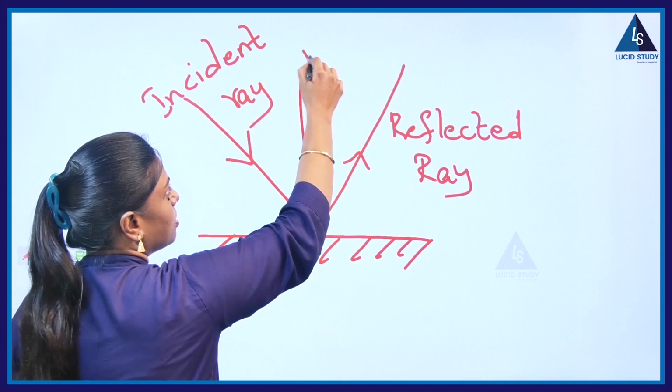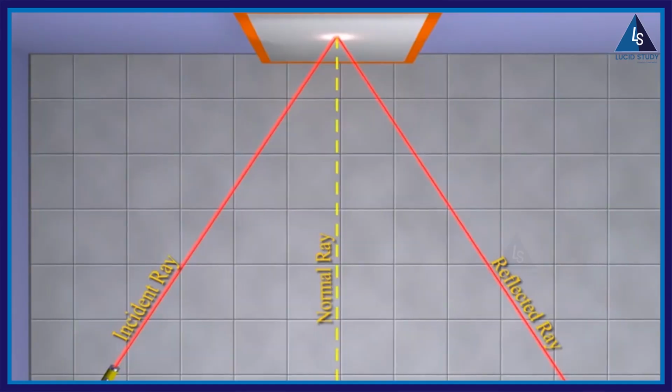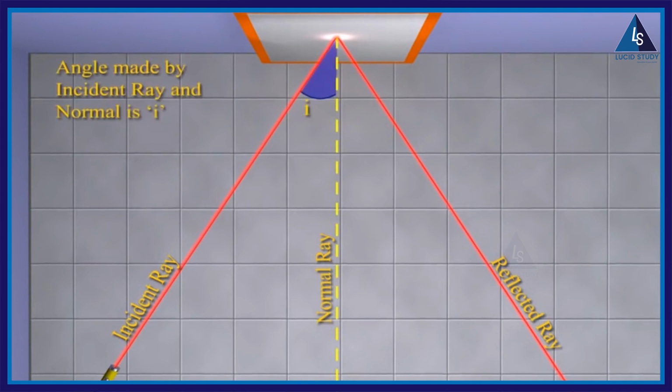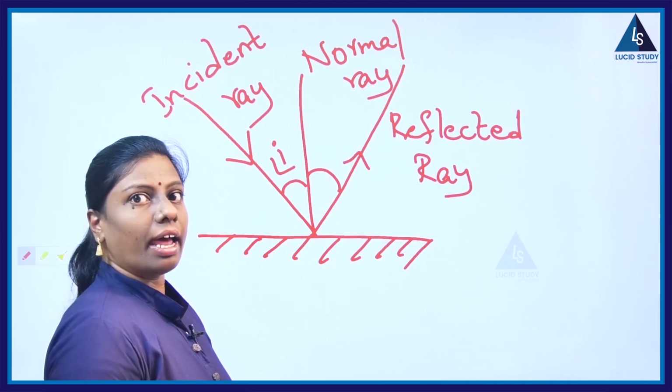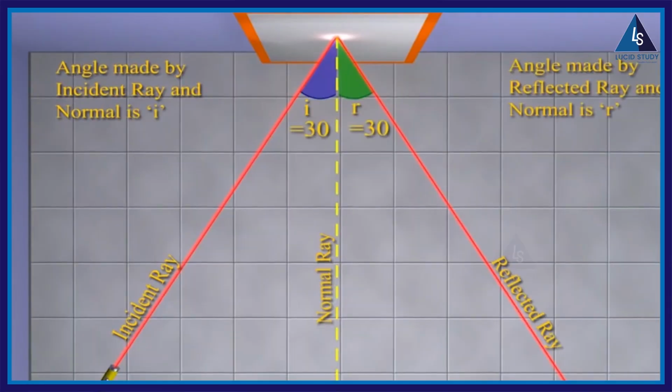This is the normal. The angle between the incident ray and normal ray is the angle of incidence, indicated with small i. The angle between the normal ray and reflected ray is the angle of reflection, represented with small r.